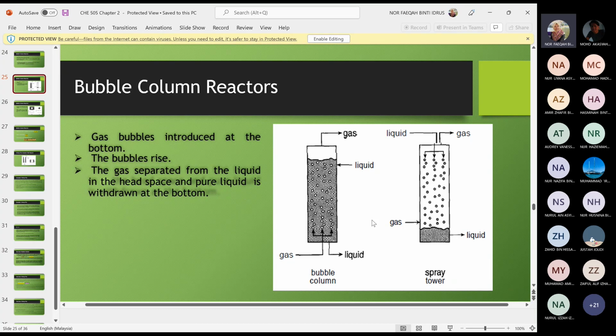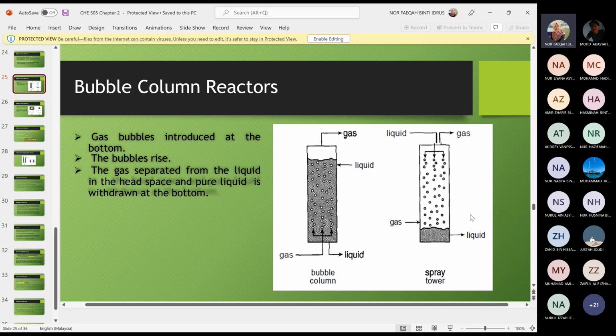For spray tower, the vessel consists of gas reactant, okay, and then we introduce the liquid drops from the top. So dia masuk as a drop and then withdrawn at the bottom, they accumulate at the bottom.